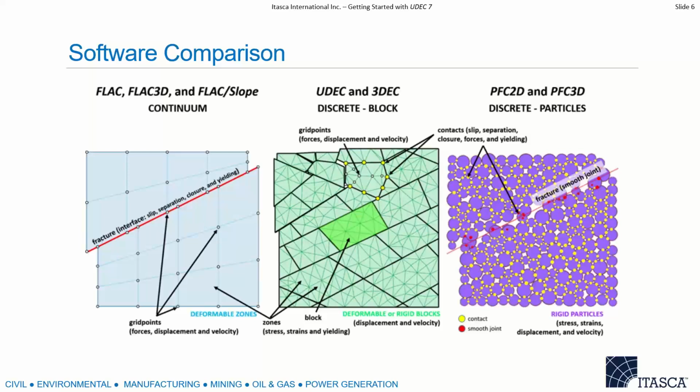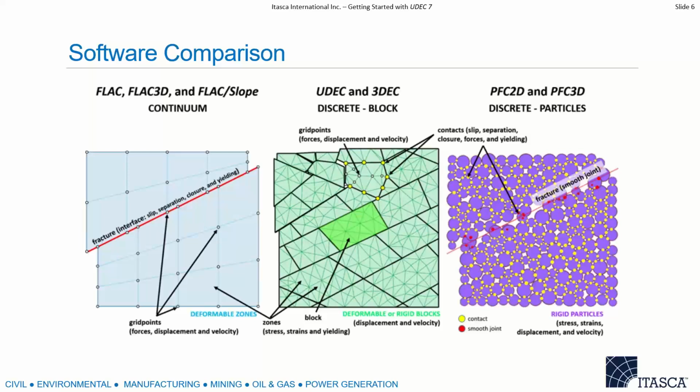So just to show you where UDEC lands on the spectrum of software offerings from ITASCA, on the left here is the more traditional continuum approach for solving problems, where you have some sort of grid, and then you may have a small number of fractures or interfaces dividing up this grid.